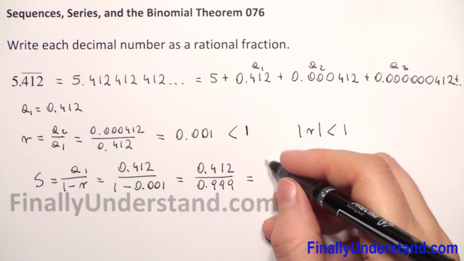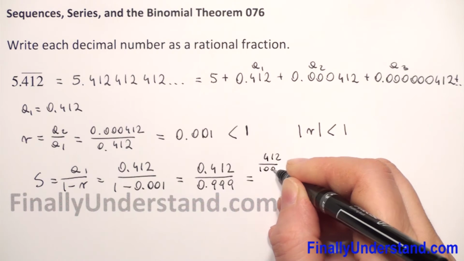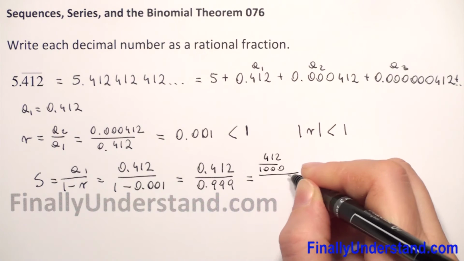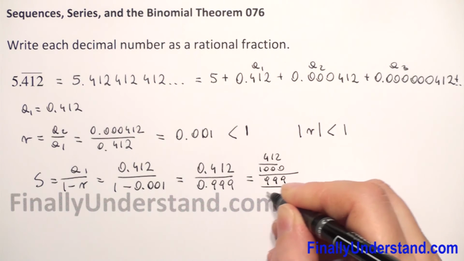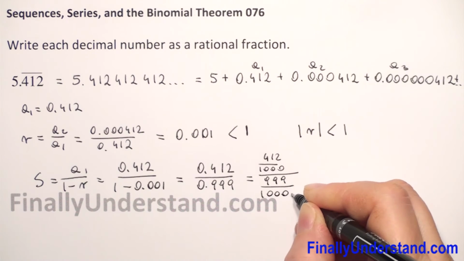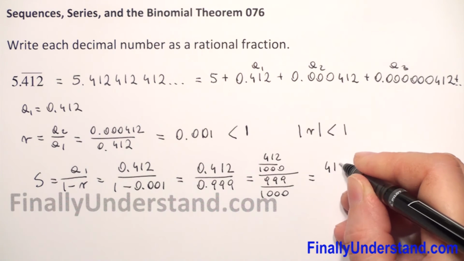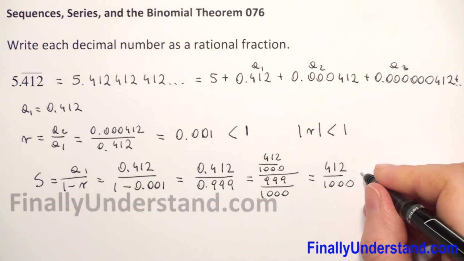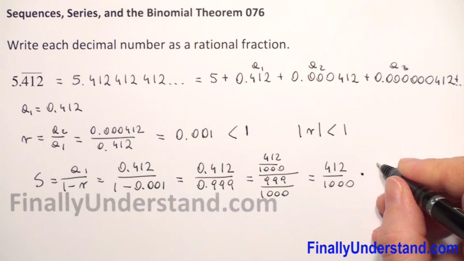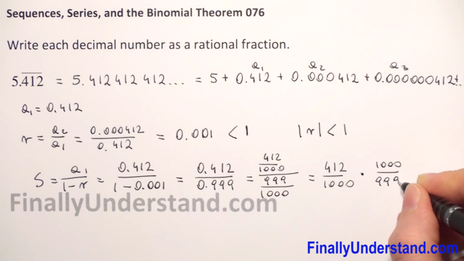We can change these decimal numbers to fractions. So we have 412 over 1000, and in the denominator 999 over 1000. We copy the first fraction, change division to multiplication, and flip the denominator, so it will be 1000 over 999.